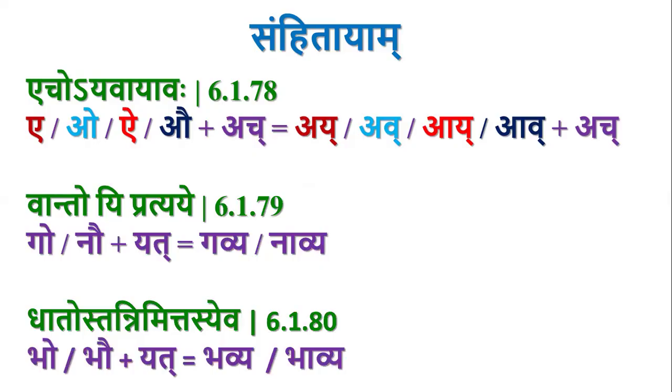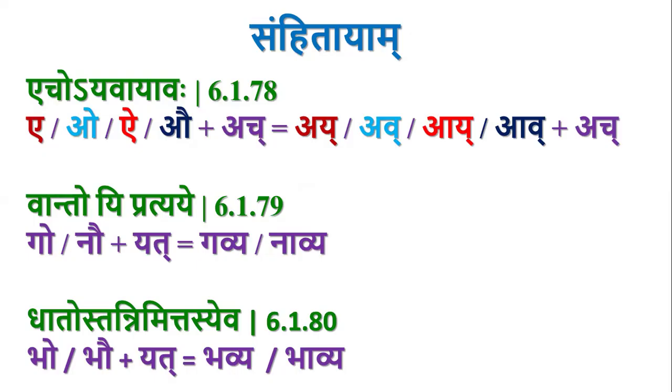By Dhatos Tannimittasyaiva, the O and Au of a Dhatu get converted into Av or Av when followed by a Yakaradi Pratyaya, only if those O or Au are generated by that Yakaradi Pratyaya. So the nimitta for that O or Au should be that Pratyaya itself.